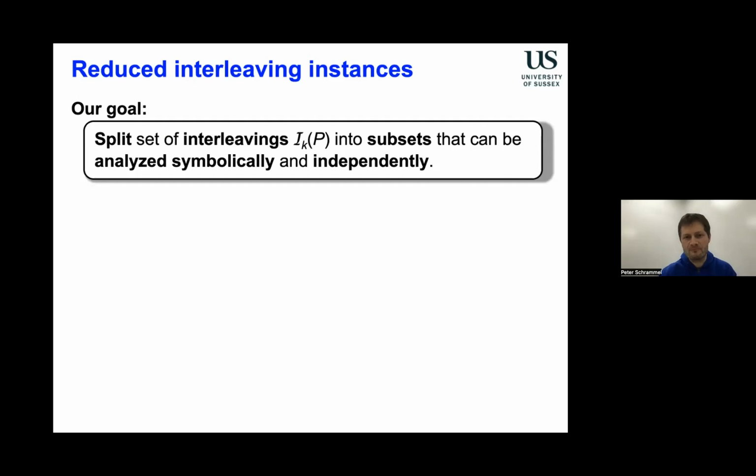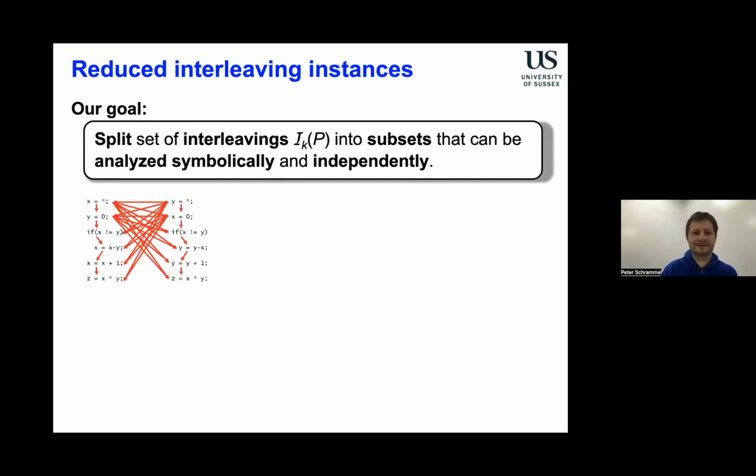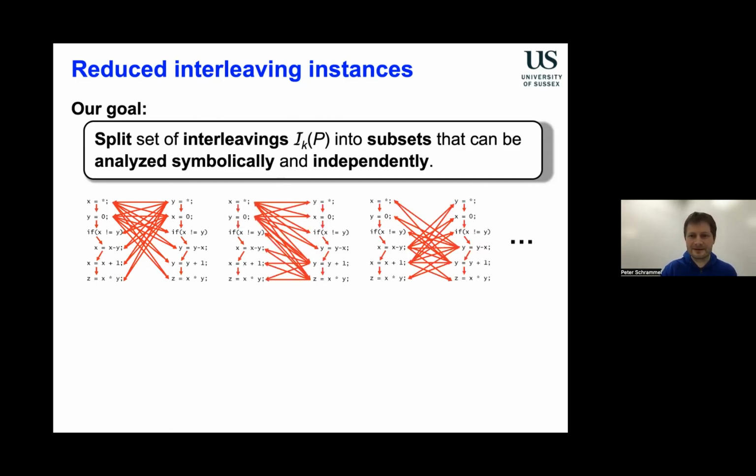So we have a finite set of interleavings because we bound the number of possible context switches, and P is the program that we are going to analyze. We want to split the set of interleavings into subsets that can be analyzed independently. The question is how we can define these subsets.